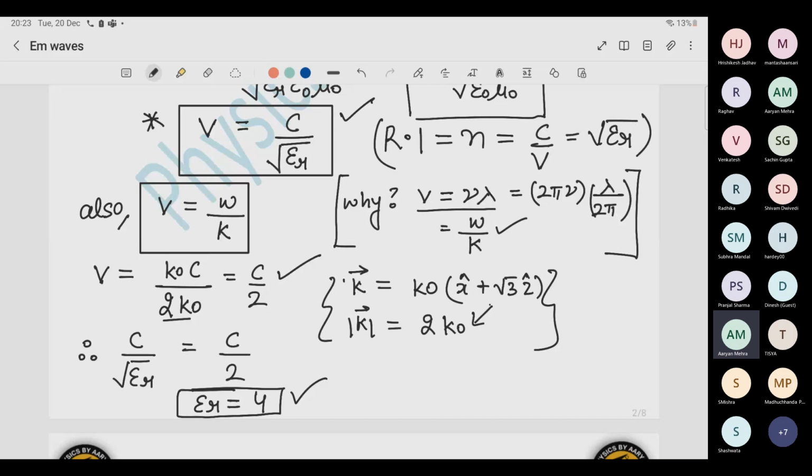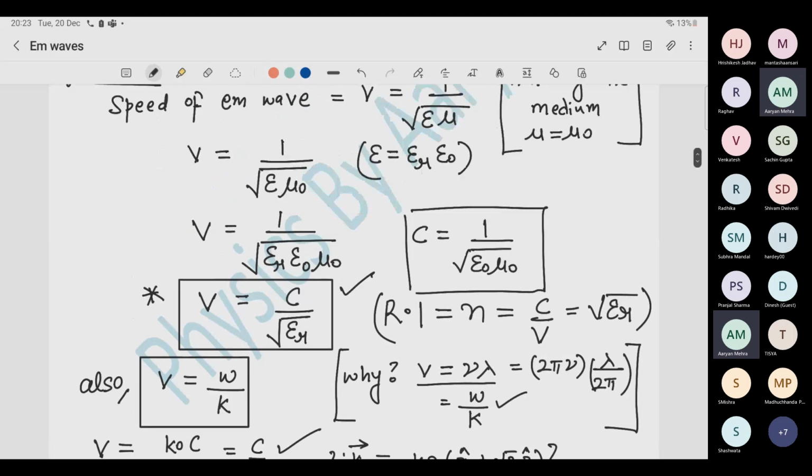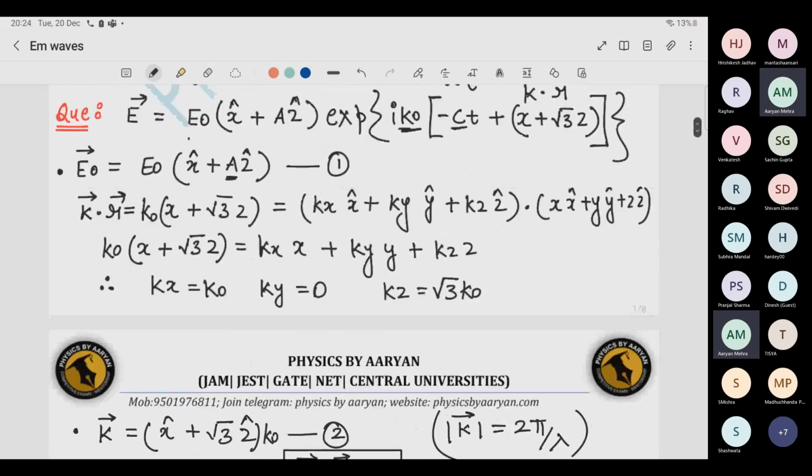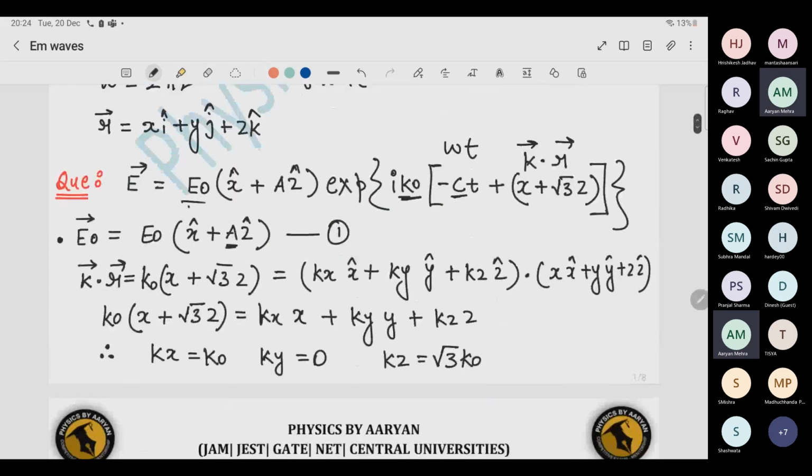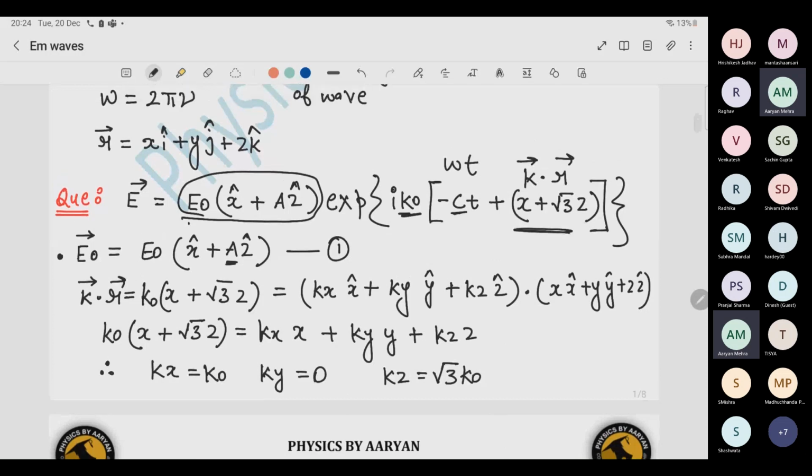Yes, sir. So what are the things which we learned in this question? Number one, that whenever an EM wave is given, this first term is called E naught vector, right? Whatever is with the time, that is omega, and whatever is in this spatial part, space part, is actually k dot r.